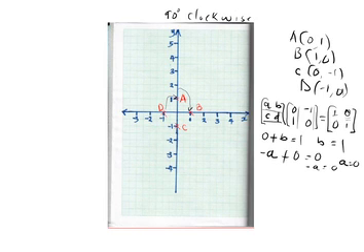Then we go to the second row multiplied by the first column, which will give us the first y coordinate, that is c multiplied by 0 to give us 0, plus d multiplied by 1 to give us d, is equal to 0. This means that d is equal to 0.